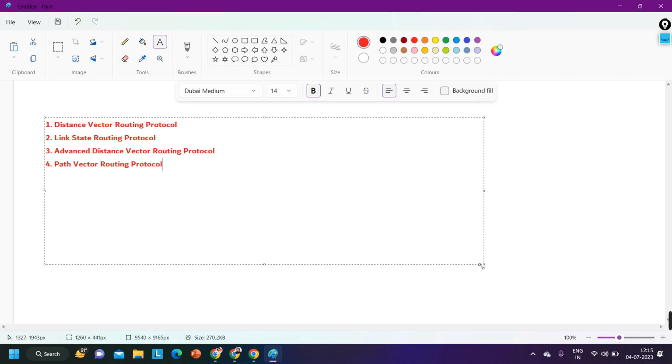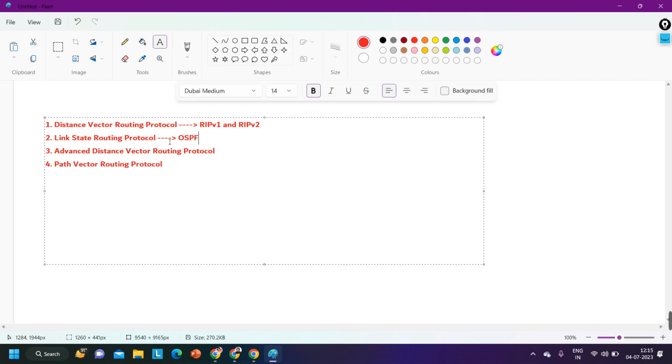In distance vector routing protocol, we have two protocols: RIP version 1 and RIP version 2. In link state routing protocol, we have only one routing protocol for now, that is OSPF.